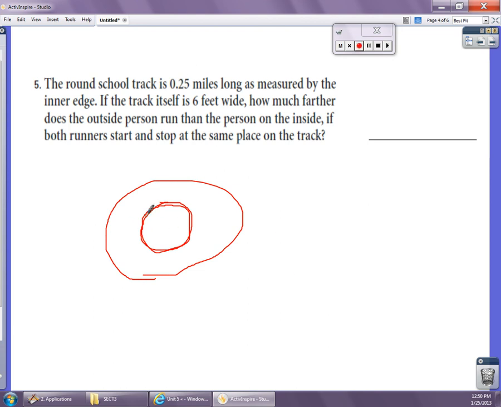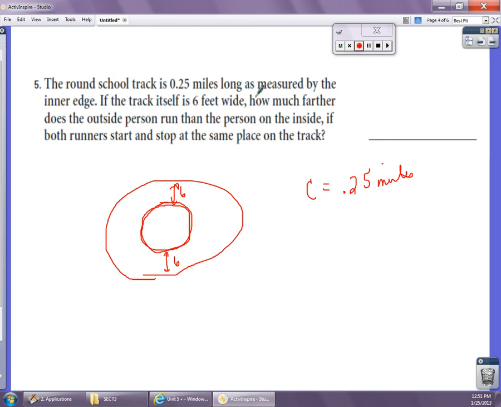That means the circumference of this smaller circle right here, because that's if you run around it, is 0.25 miles long. Okay. The next thing you know is the track itself is 6 feet wide. So from there to there is 6 feet, and obviously down here it's going to be another 6 feet.